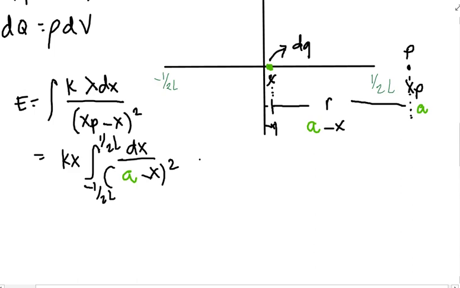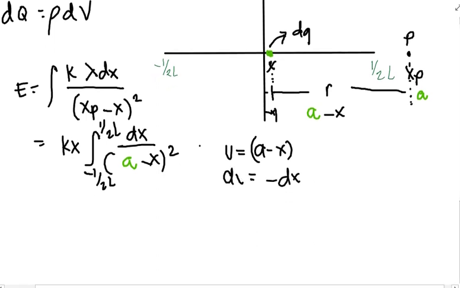So let us let u be equal to the more complex part, which is a minus x. Then du will be equal to negative dx. Take note that a here is a constant. So we can substitute.